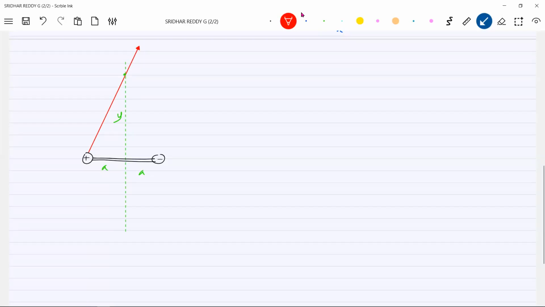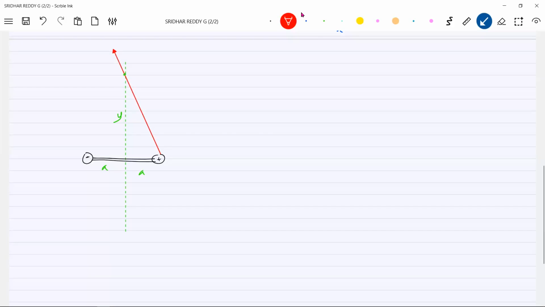And due to the negative charge, let me take this as negative and this as positive. And due to the positive charge, the field should be directed like this.